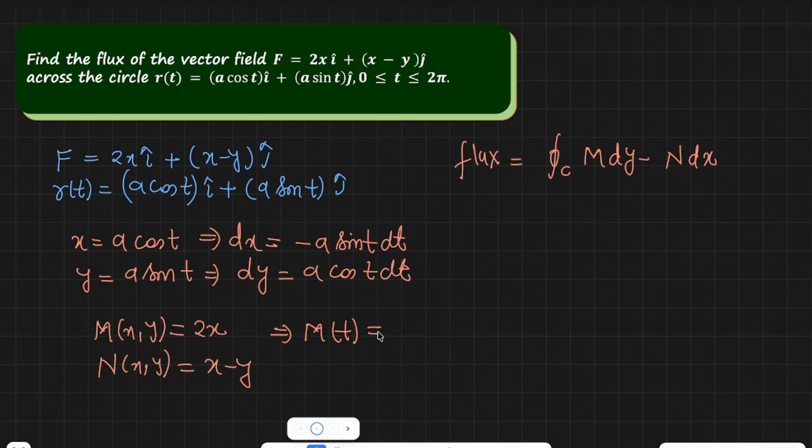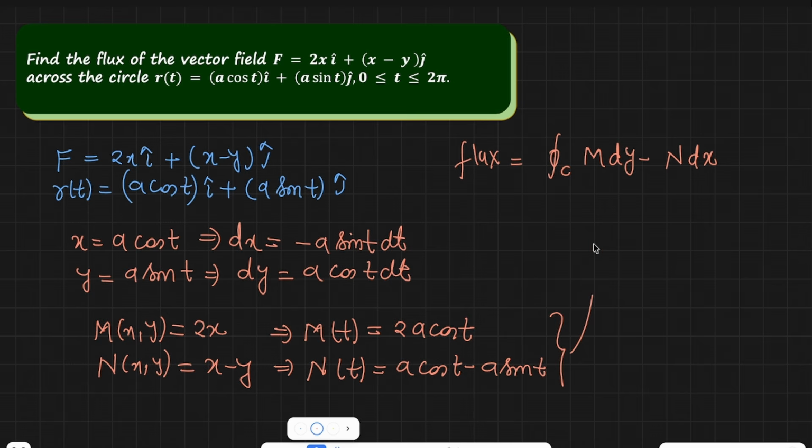So m of t is basically 2 into a cos of t, that will be 2a cos of t, and convert your n in t, that will be a cos of t minus a sine of t. Now you apply these values here, that's the simple concept.